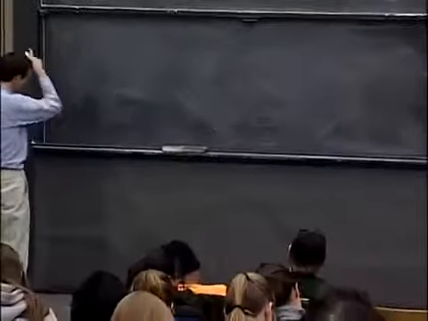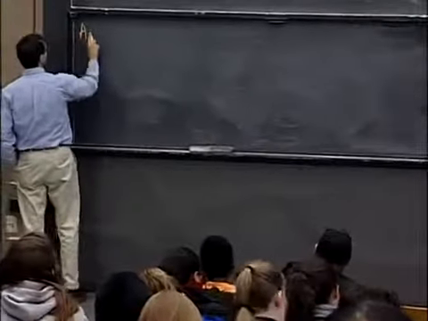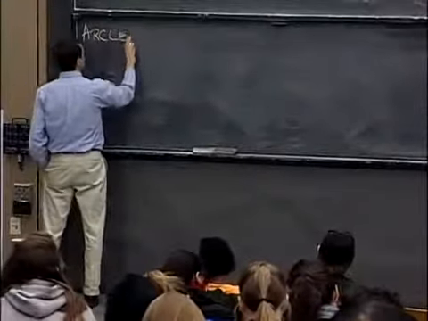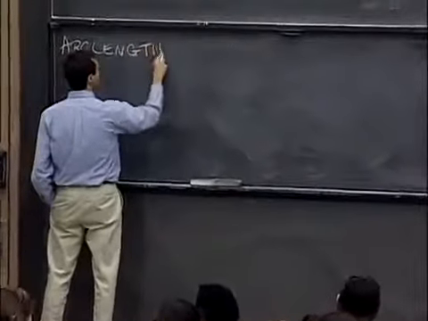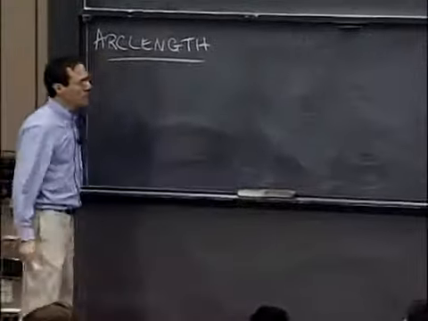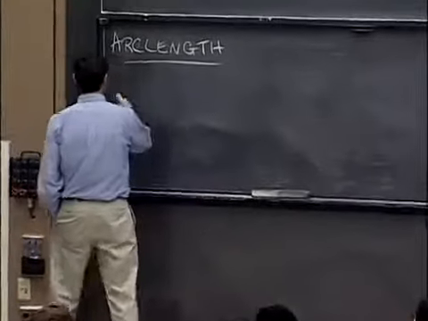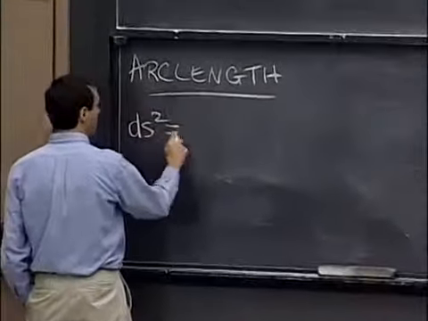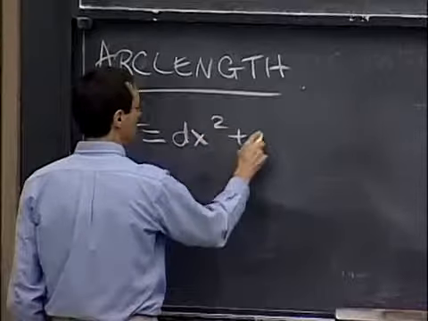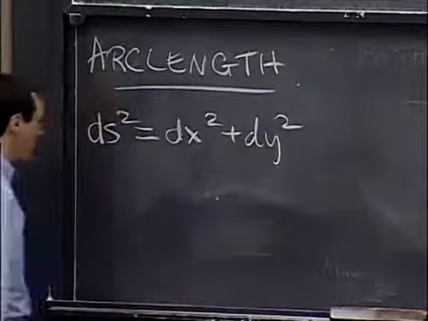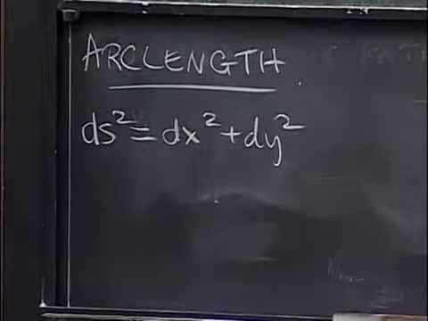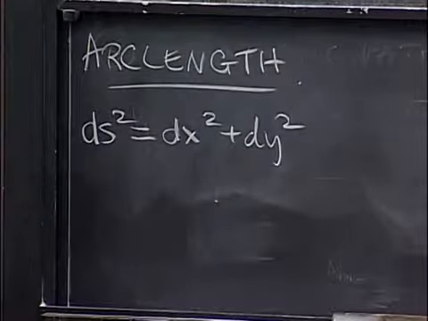Now I have to talk to you about arc length in this parametric form. And the results should be the same as arc length around the circle ordinarily. We start out with this basic differential relationship: ds squared is dx squared plus dy squared.